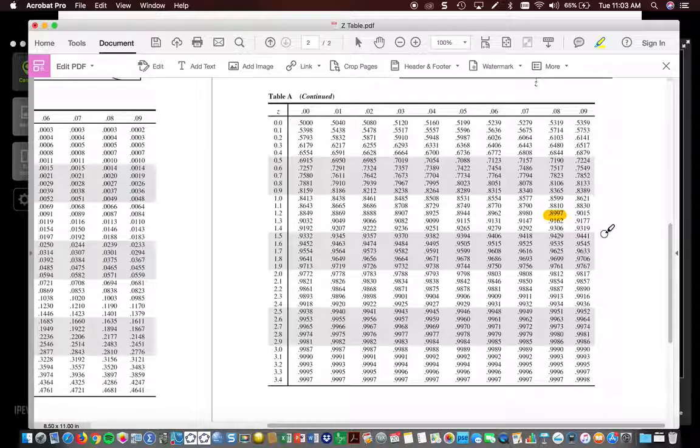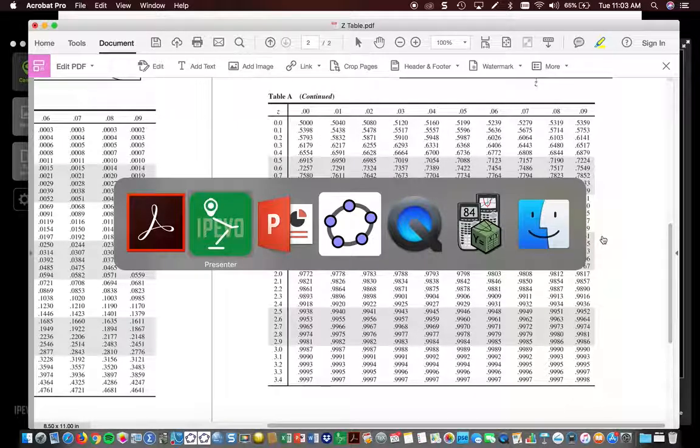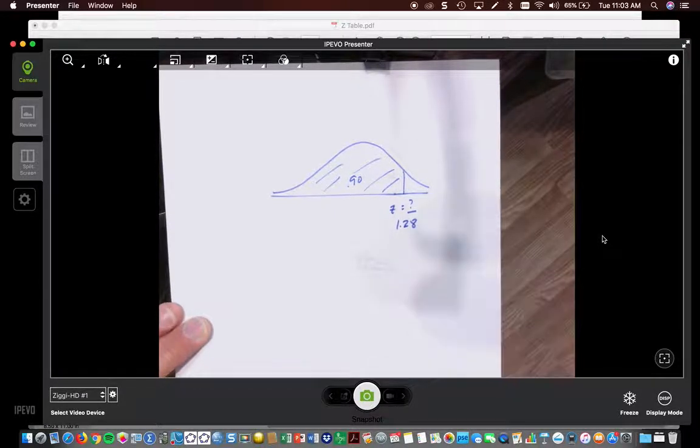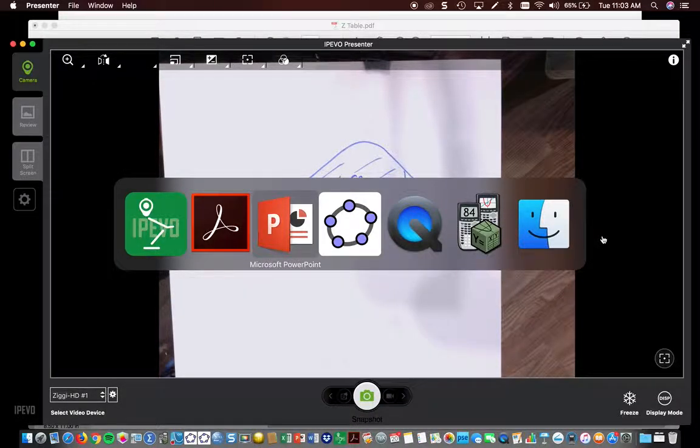If we work outward, we're in the row that is 1.2 and the column that's 0.08, so that corresponds to 1.28. So 1.28 is the number that cuts off the bottom 90% from the top 10%. Okay?